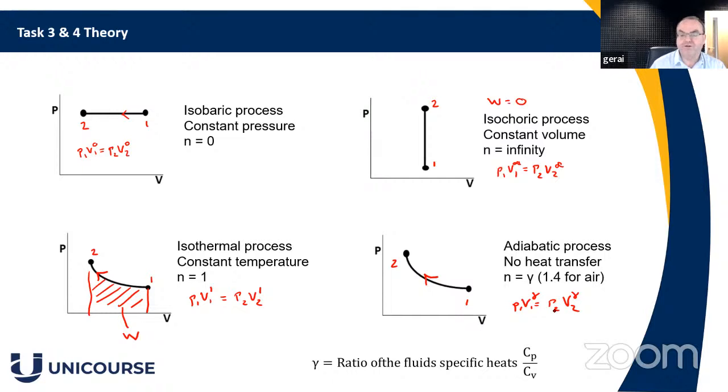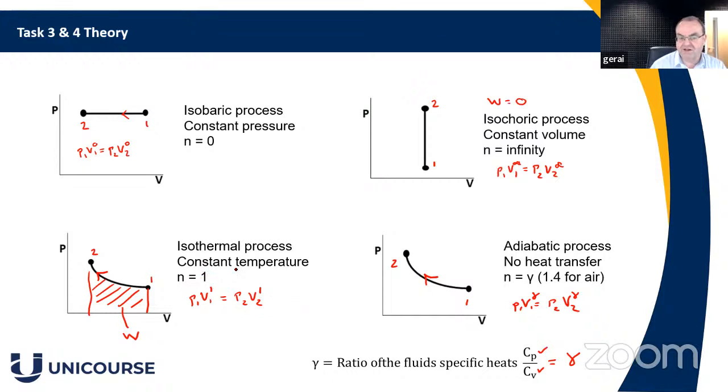One of the questions is, how do you determine the value of gamma? Well, gamma is simply the ratio of the fluid specific heats, so Cp over Cv is equal to gamma. So you can always work out what gamma is, and that's the index of compression only for an adiabatic process. For all of the other processes, they use the value of n.